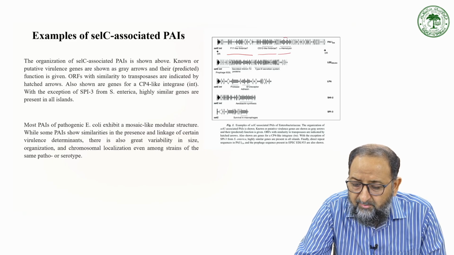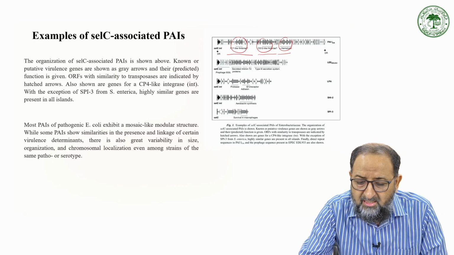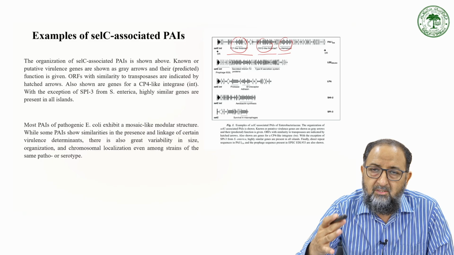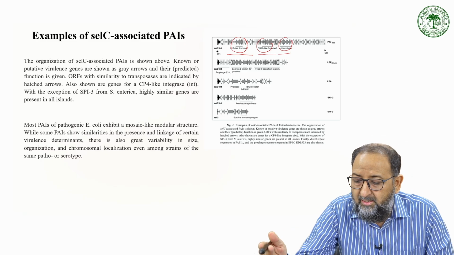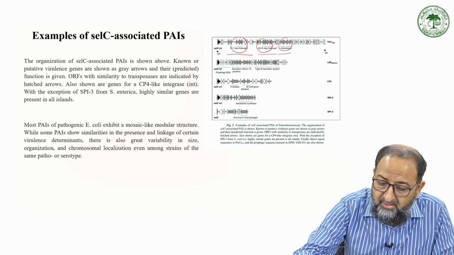These regions present on this genome are the pathogenicity island. It is responsible for the integration of these regions from one bacterium to another through mobile elements, and these regions are responsible for the virulence factors.